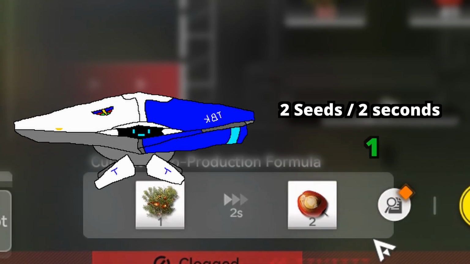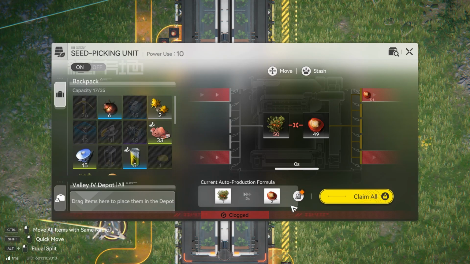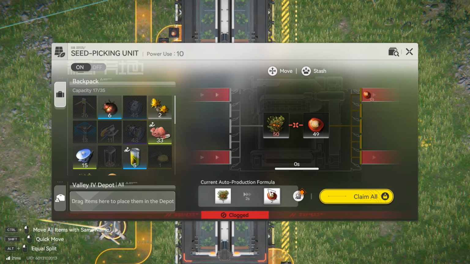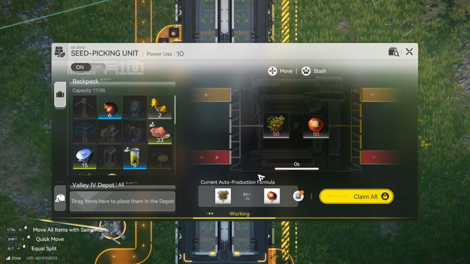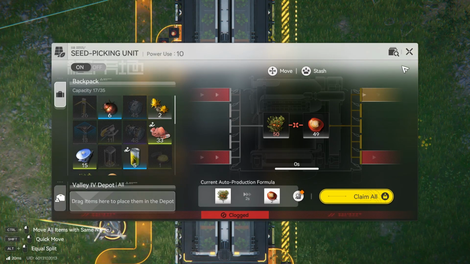The output is instead 1. Which also means that in order for this to work at 100% efficiency, the output needs to be 2. We need 2 outputs, because a conveyor belt only takes in half a unit per second.